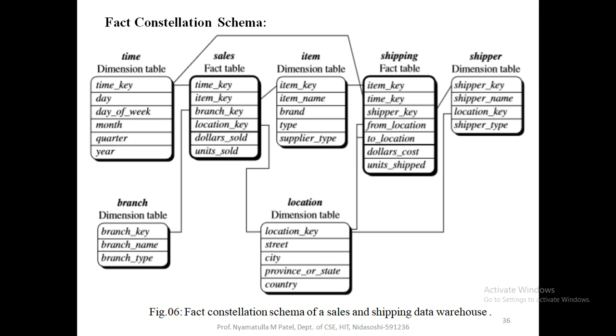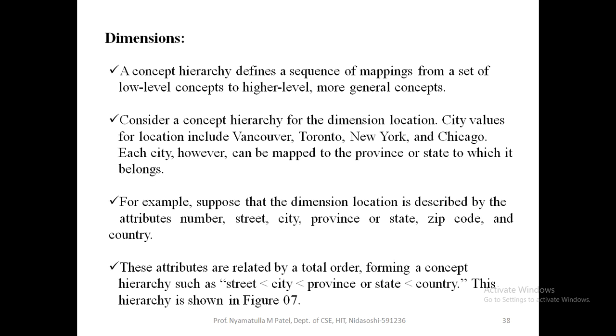So for data warehouse development we use the fact constellation schema, whereas for data marts we use either the star or snowflake schema. Out of the two, the most popular is the star schema.